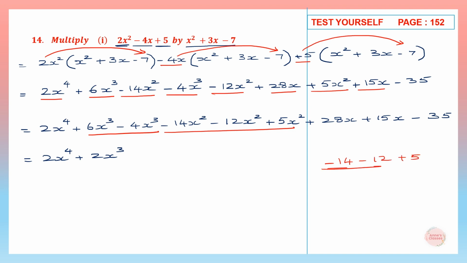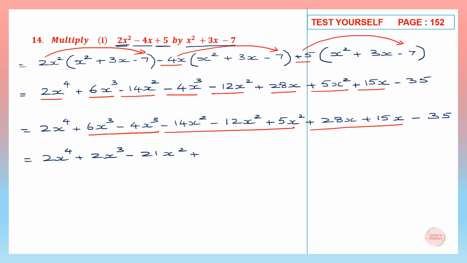Let's add up these numbers. Signs are the same. Put the same sign and add, 26 plus 5. Now put the sign of the bigger number and subtract. 26 minus 5 is 21. So here we have minus 21x squared. Now let's take plus 28x plus 15x. Signs are the same.